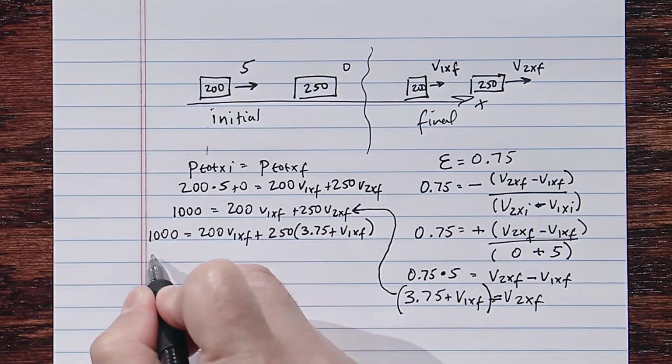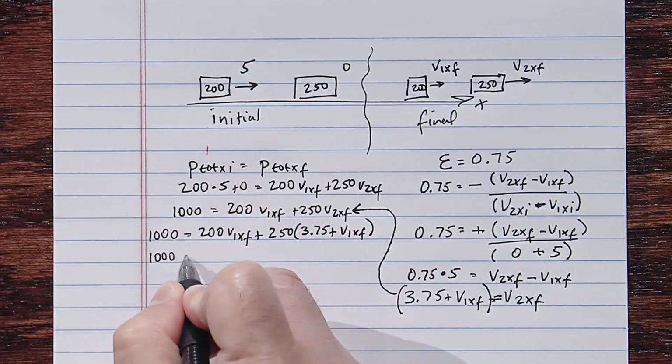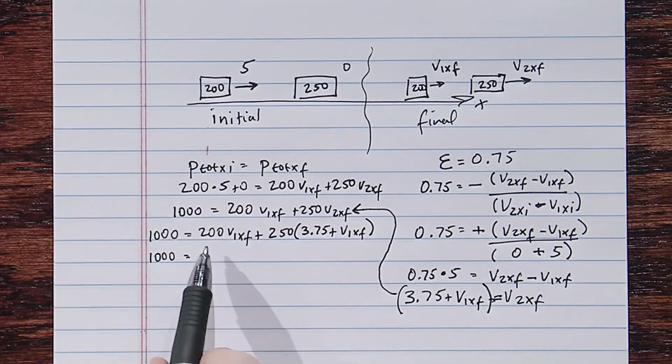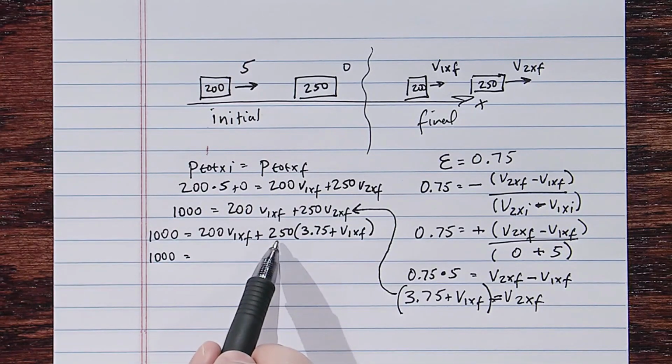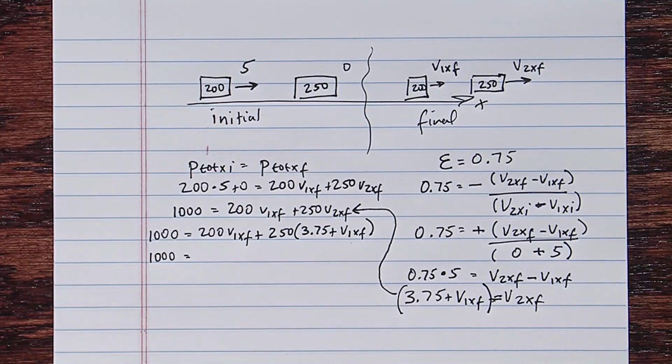Or, let's see, that gives us 1,000 is equal to 200 V1x final and 250 V1x final.